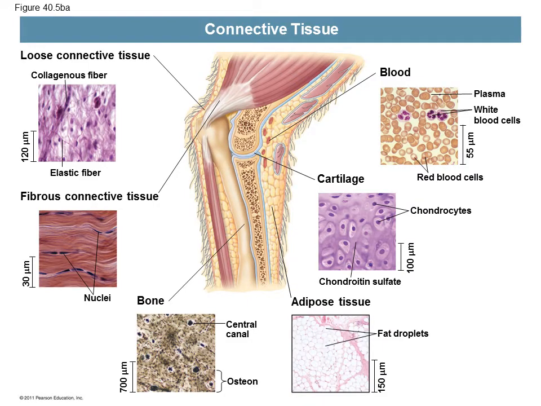So here, figure 40.5 shows the 6 different types of connective tissue that are found in animals. So we have blood, cartilage, adipose tissue, bone, fibrous connective tissue, and the collagenous fiber.